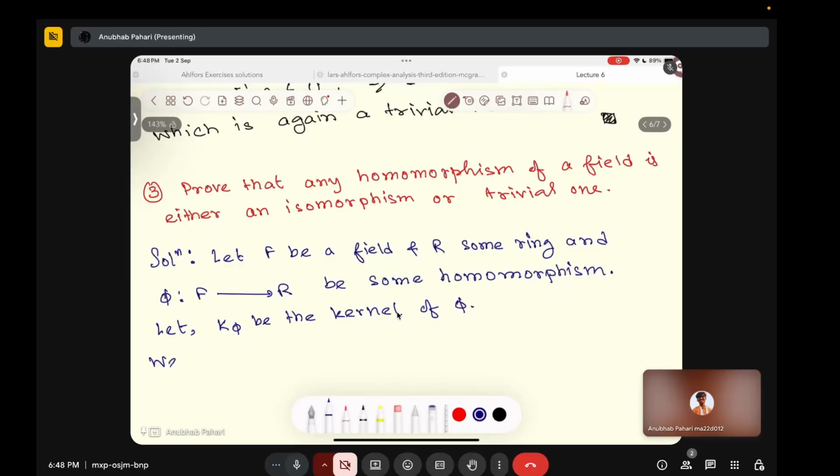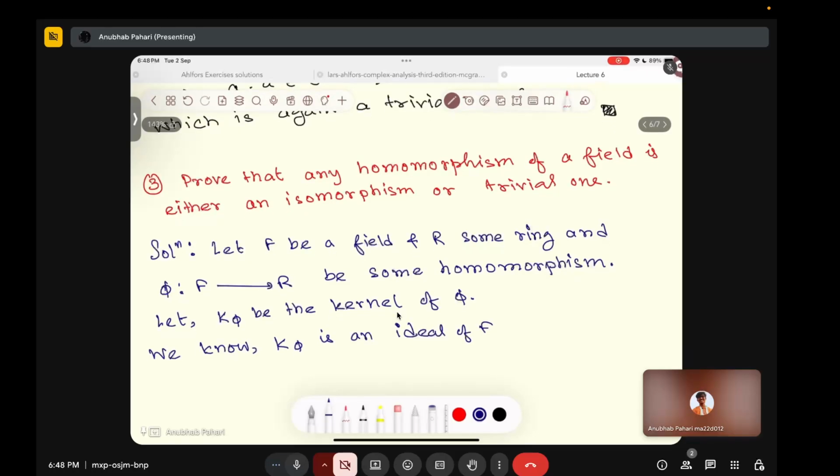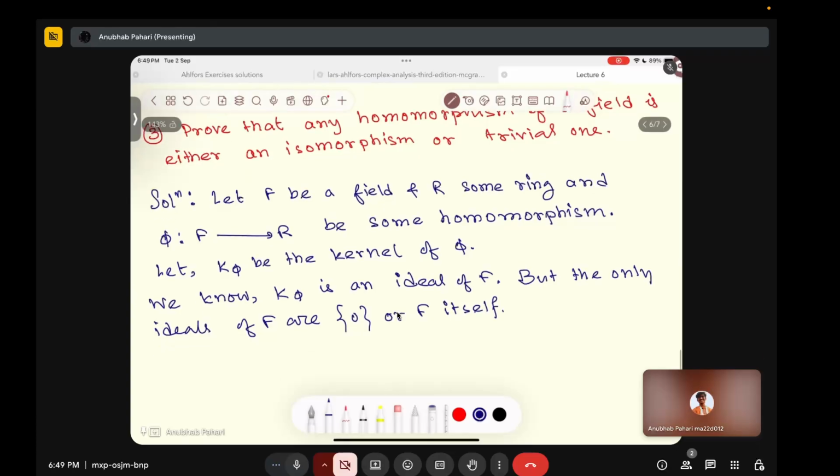We know K phi is an ideal of F, but the only ideals of F are 0 or F itself, right?